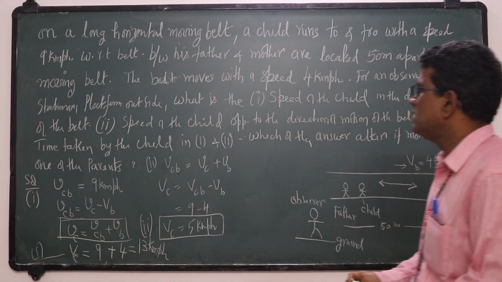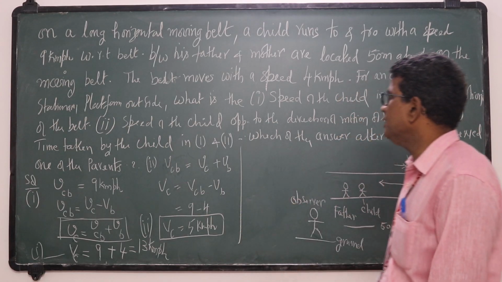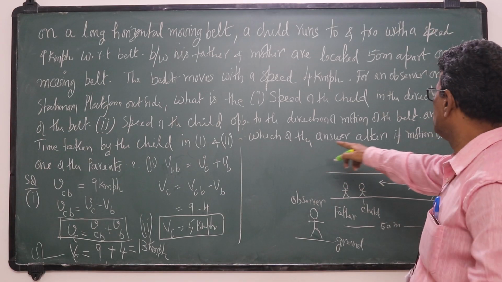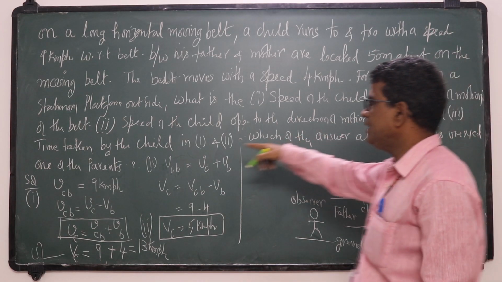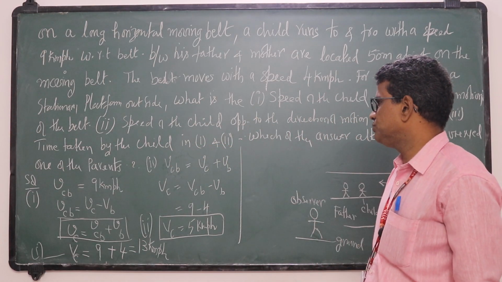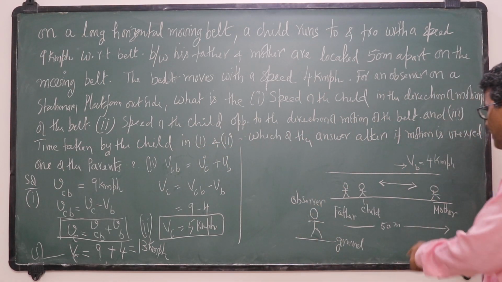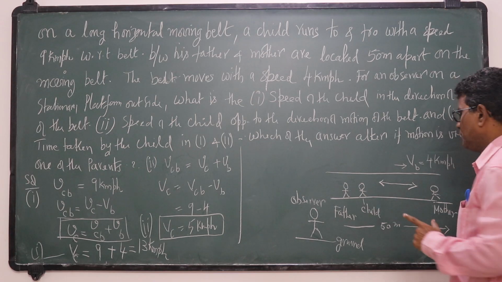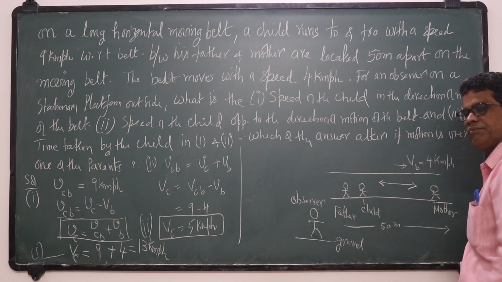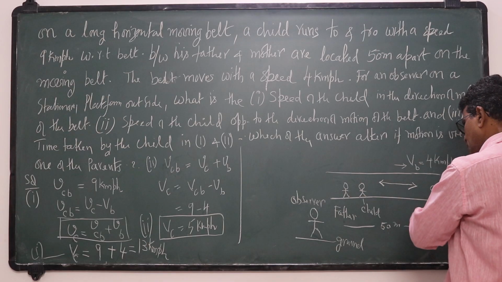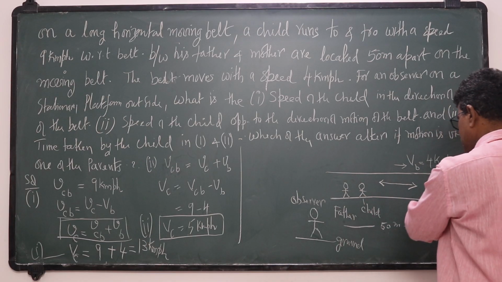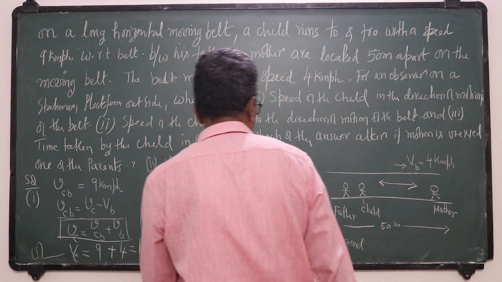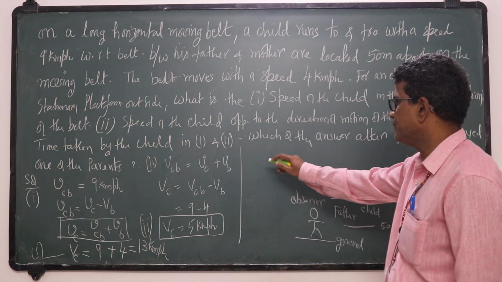Next, third one. What is the third one? Time taken by the child in 1 and 2. So how much time will it take? With respect to this belt, father and mother are at rest, so the separation between them is 50 and this distance is the same.